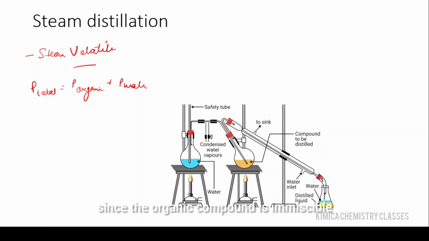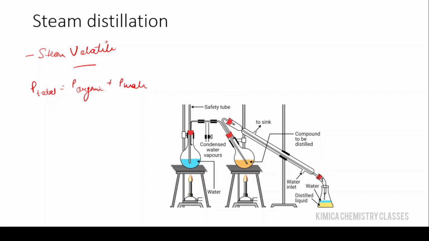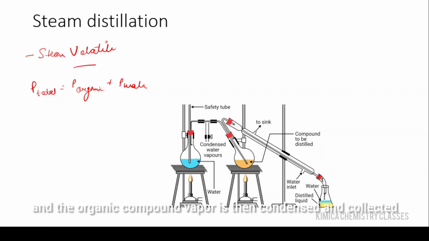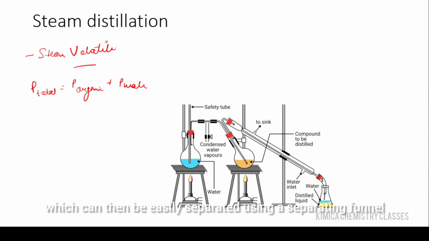Since the organic compound is immiscible with water, it forms a separate layer in the receiver, which can then be easily separated using a separating funnel, as you can see in this picture.